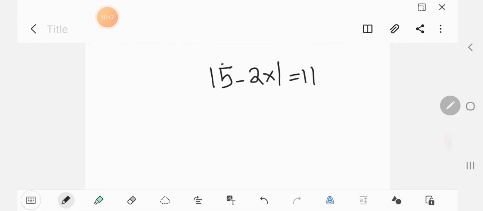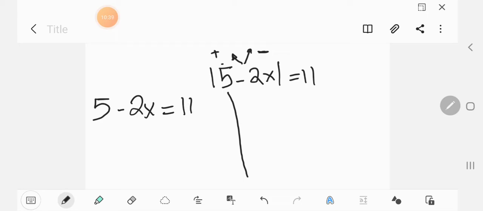We know inside the absolute value it can be negative and positive. So we are making it one time positive and one time negative. We are going to divide our page into two parts. First one, remove the absolute value and solve it as a regular equation. 5 minus 2x equal 11.